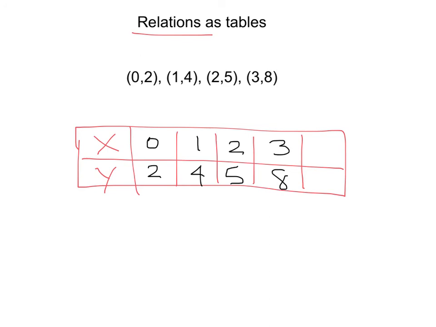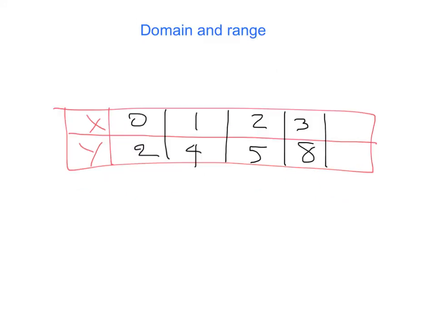Then you can use these sets to draw your graph and to determine your domain and your range, which you will see in the next slide. The domain of a set of data is the x coordinates, and the range of a set of data is the y coordinates.